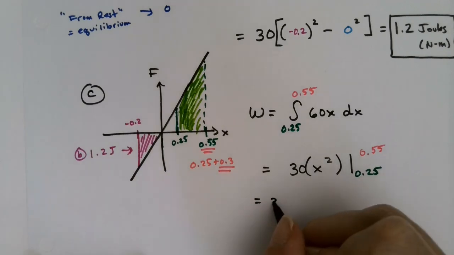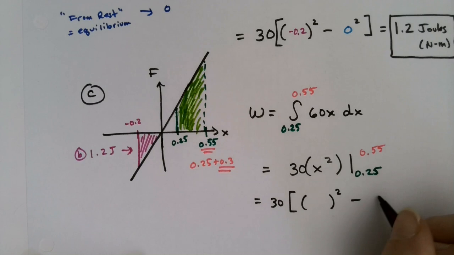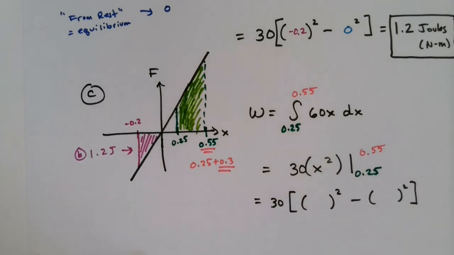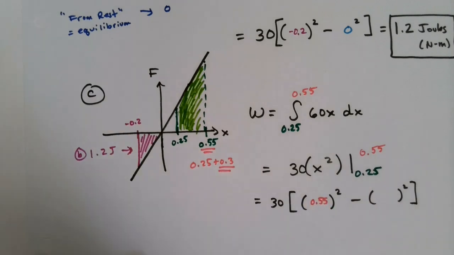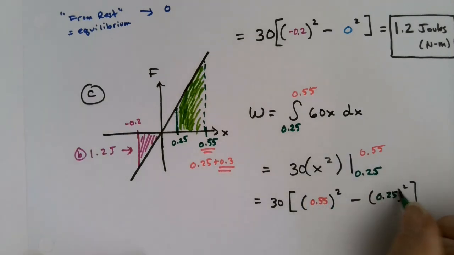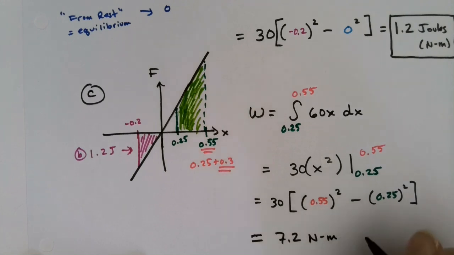Which would be 30 times 0.55 squared minus 0.25 squared. We all have Desmos. We can make Desmos find this. You can just trust me. It's 7.2 Newton meters. Or if you like, 7.2 joules.